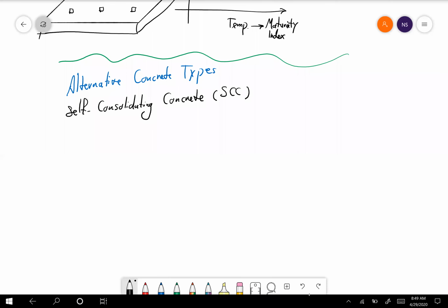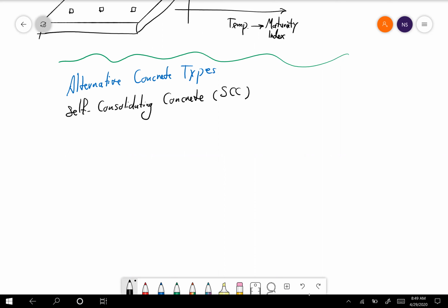That's coming from the idea that, if you remember, we mentioned that we need vibration after you place the concrete to make sure that the concrete has enough covering around the rebars, and it's filling all the gaps and all the corners.